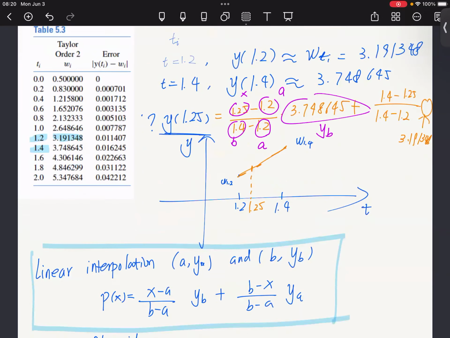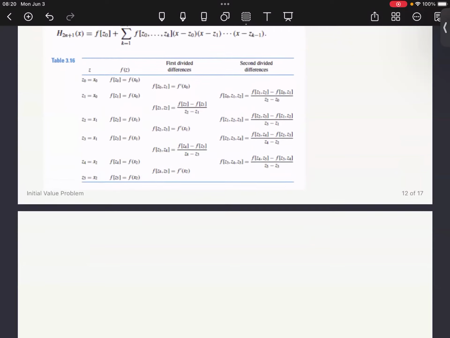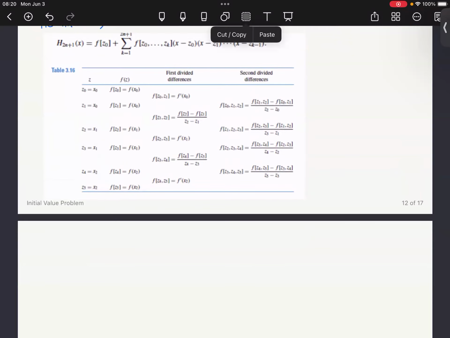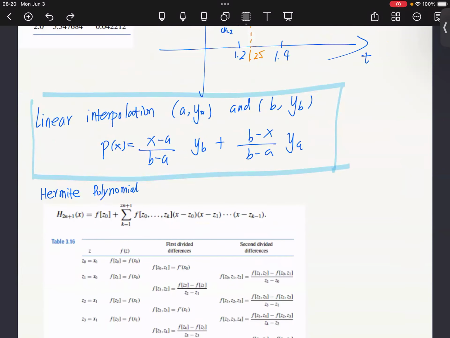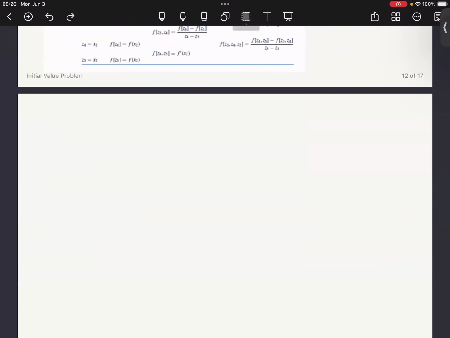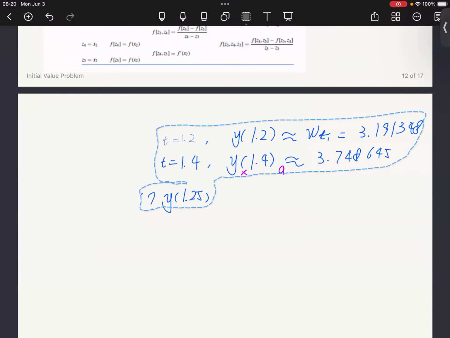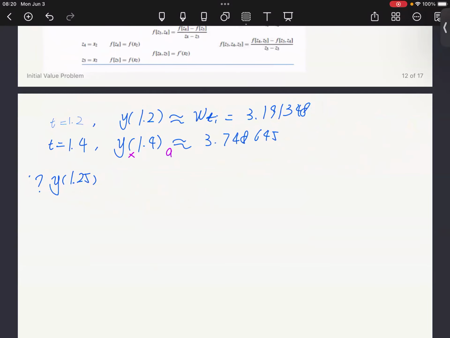So what we do here is to use the Hermite interpolations. This is another way to get the approximations at the 1.25 value. So this is, once again, the question: how to get the approximations at the point 1.25. We are going to use the Hermite interpolations to do it here.